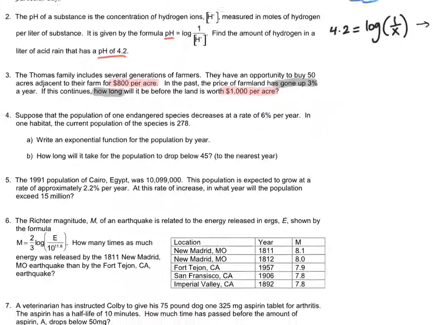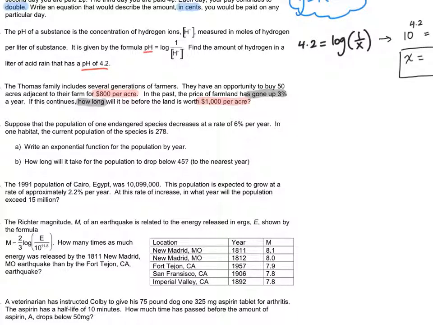So let's write the exponential growth formula. It's going to be y equals a times 1 plus r to the power t. Now the y value is the final amount, the a is the initial amount, and 1 plus 3%, so that's 0.03, to the power t.